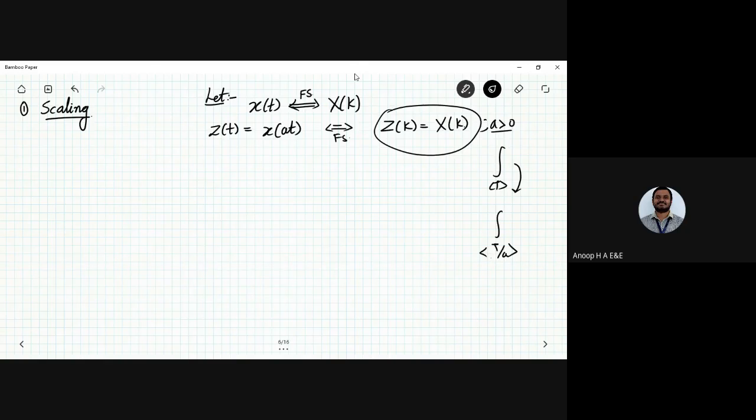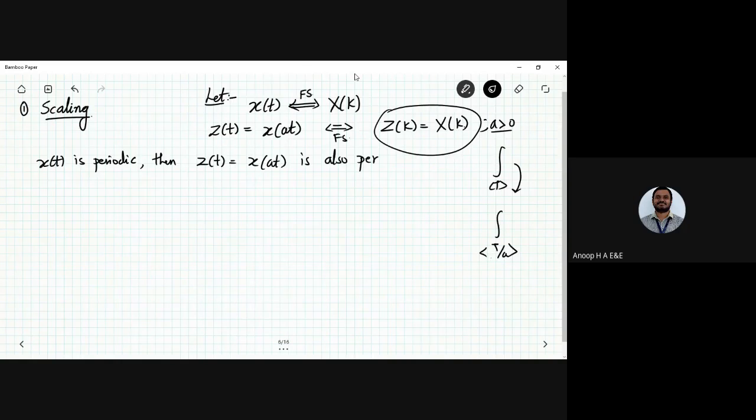Okay, so coming to the proof: x of t is periodic. Then z of t, which is equal to x of at, is also periodic.